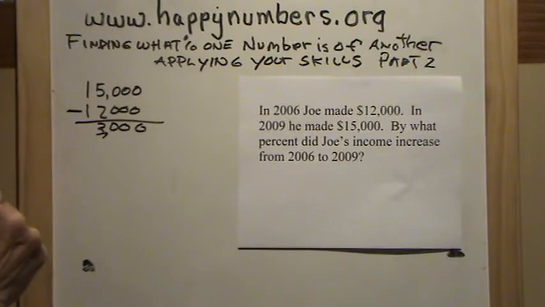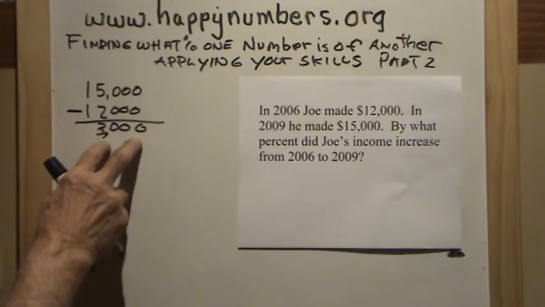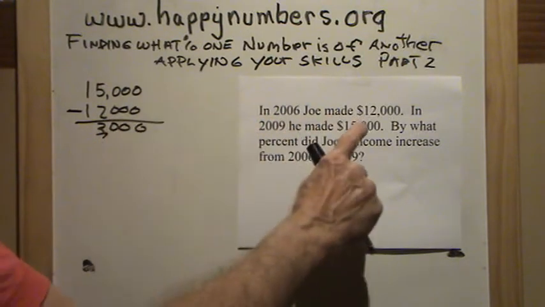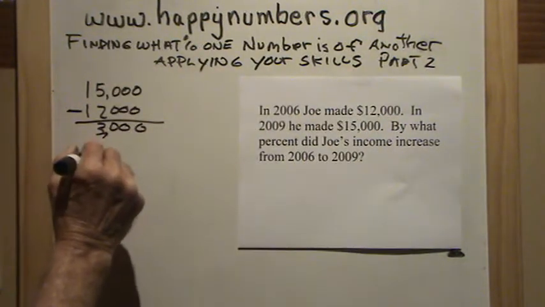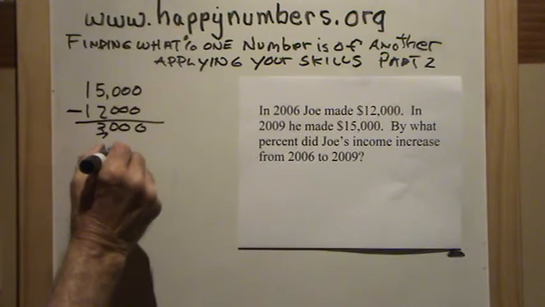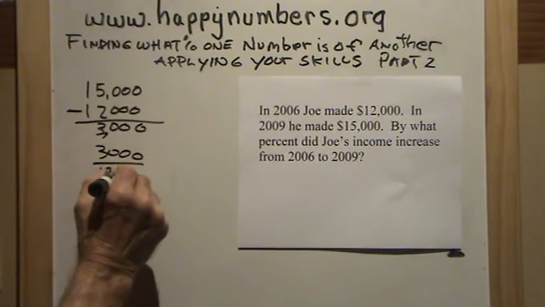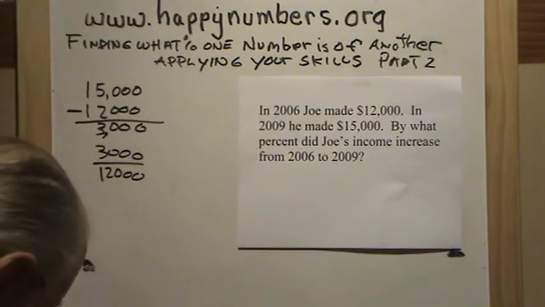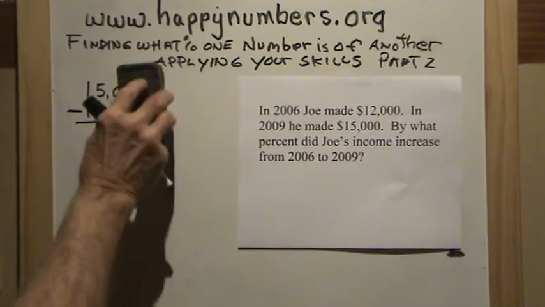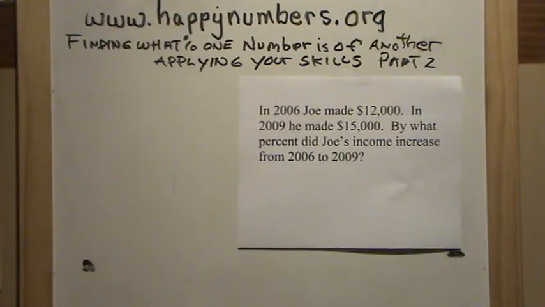Then $3,000 is what percent of his original salary? So we put our fraction, 3,000 over 12,000, and then we just reduced and changed it into a percent. Let's take a look at another one of these problems.